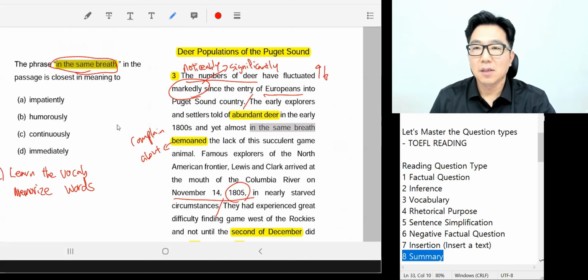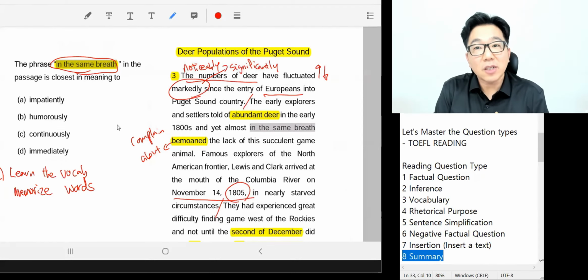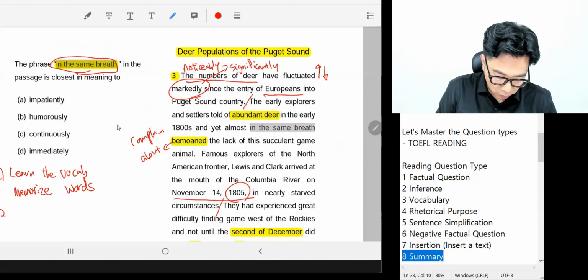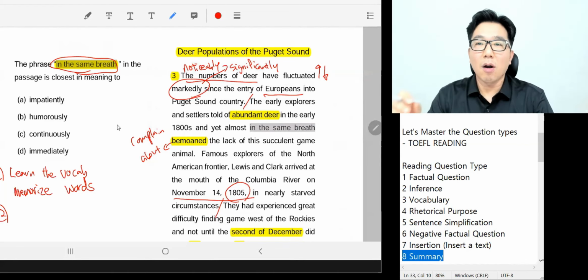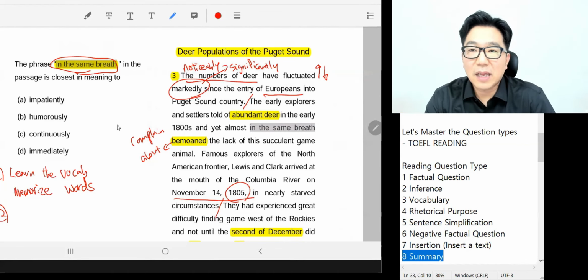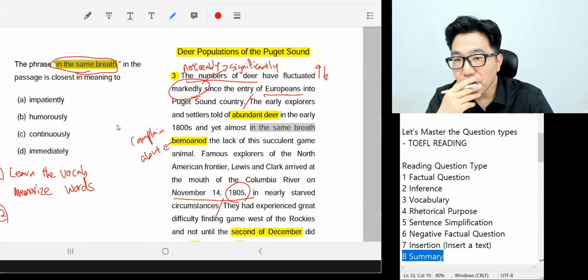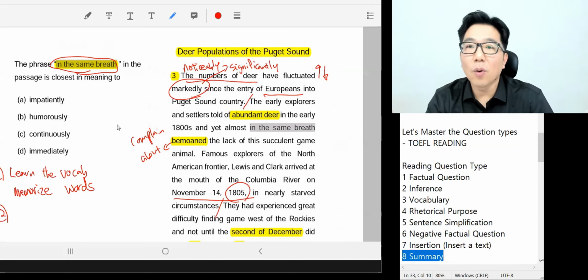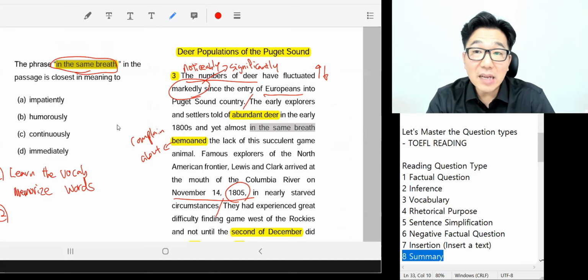I'm just giving you any number out there. So it's not a complete strategy. But if you really don't know the words and you are at the test center taking the test, you have to do something, right? And if you don't know the meaning of the words, what you can do is try to understand the context and guess the right answer choice. Okay?